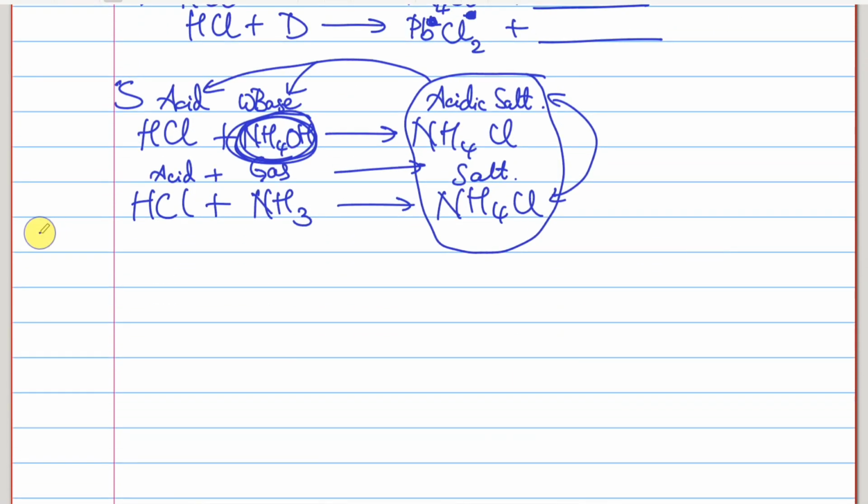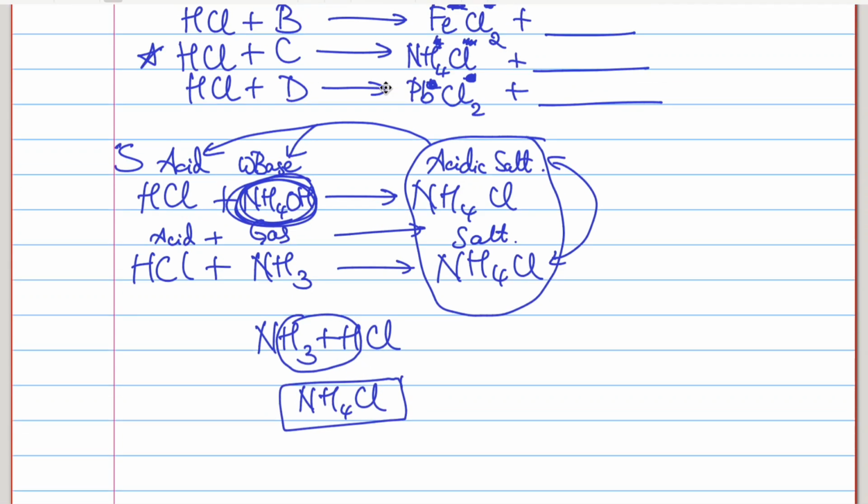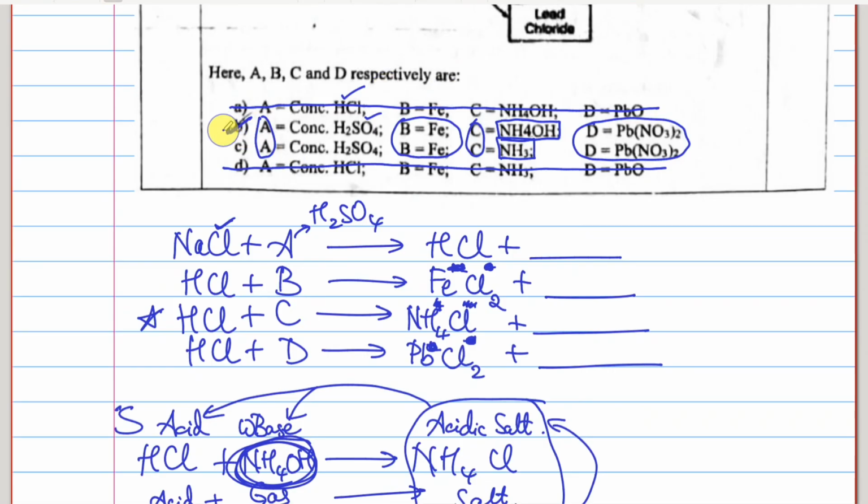So we'll choose the option containing ammonium hydroxide, option B. Although NH3 combining with HCl, 3 plus 1 will become NH4 and Cl. Although this is being formed, we'll prefer the one which involves a neutralization reaction. So we'll choose option B as the answer.